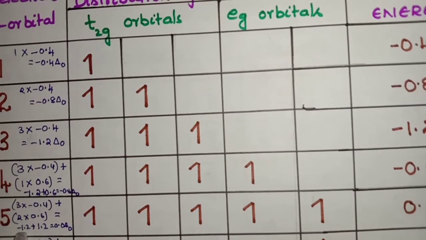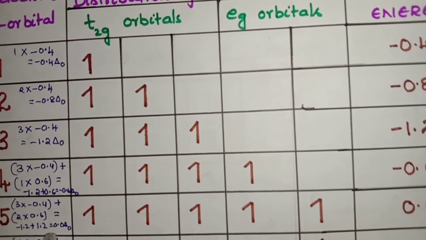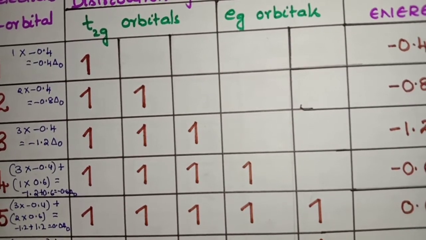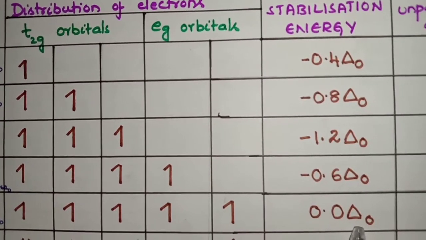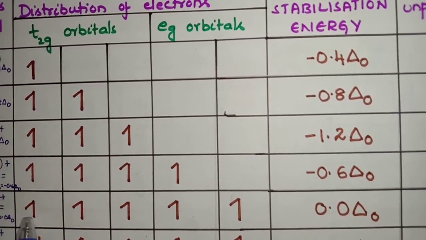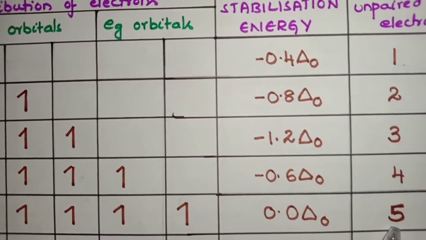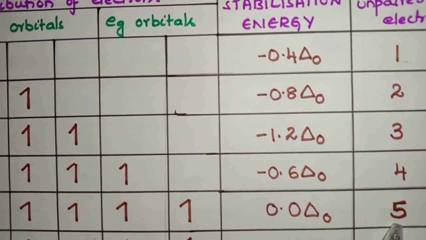So minus 1.2 plus 1.2 is equal to how much? It gets cancelled away and it becomes 0. So 0 delta O. Number of unpaired electrons, 1, 2, 3, 4 and 5. 5 unpaired electrons. Okay students, clear?